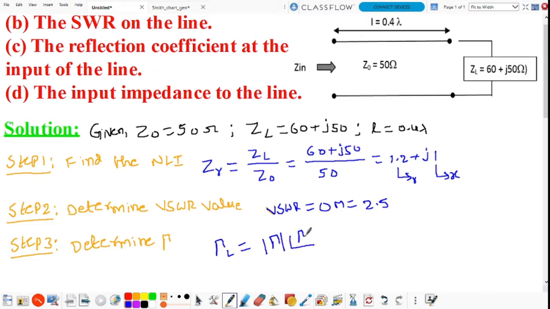What is the magnitude of the reflection coefficient? 0.425, and the phase angle of the reflection coefficient is 54 degrees or 54.5 degrees approximately. So this is the reflection coefficient value.